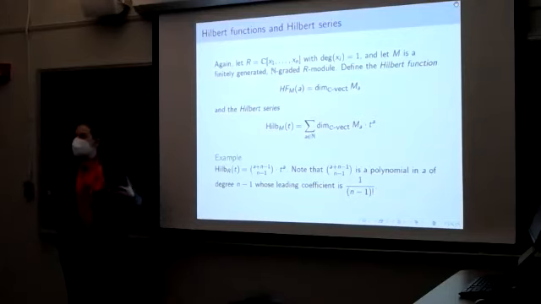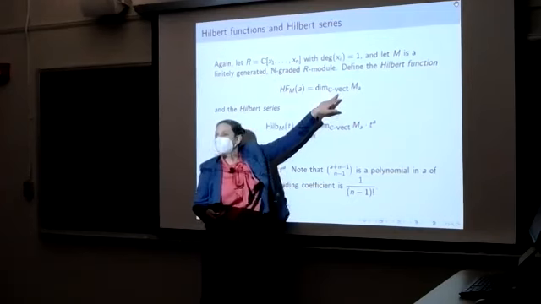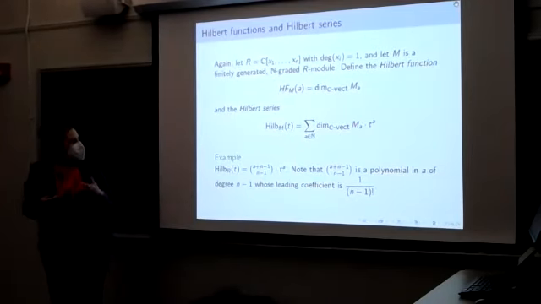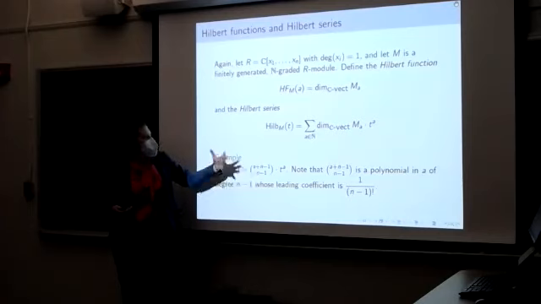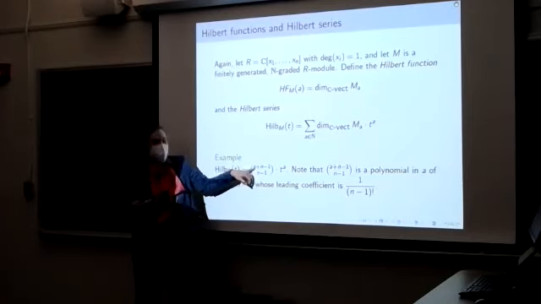Okay, so what do we do once we have a grading? We define the Hilbert series. The way we've set things up, all of these vector space dimensions will be finite. For example, what is the C-vector space dimension of the degree a part?